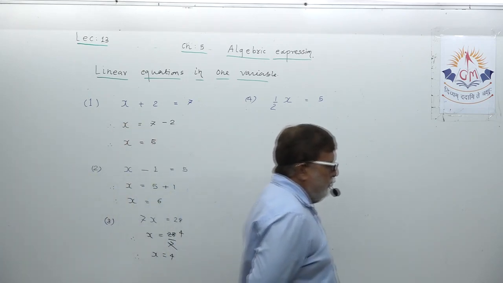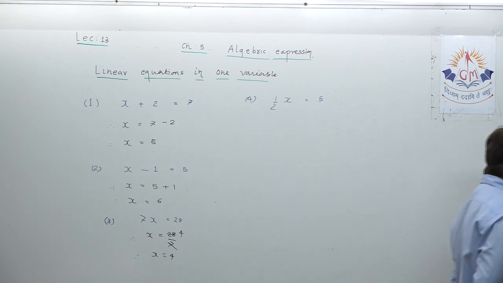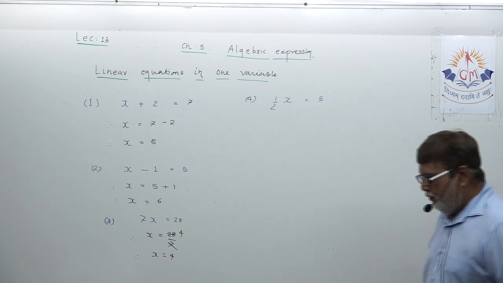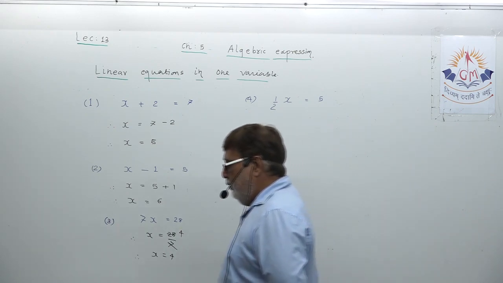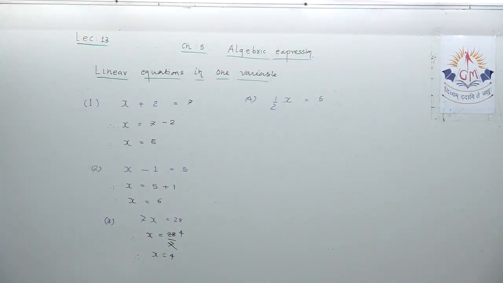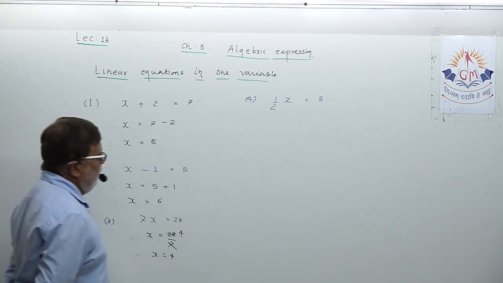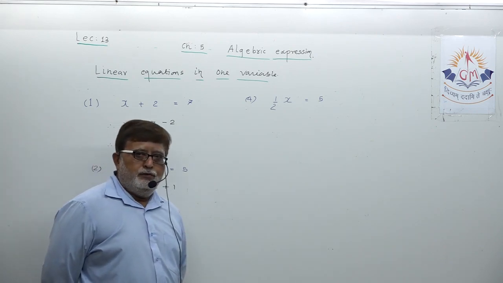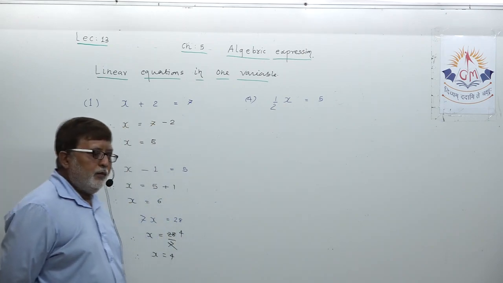Understand? Such a linear equation, when you come across it, how will you solve? How will you transfer the number? That's very important. This is simply a check of the basics.